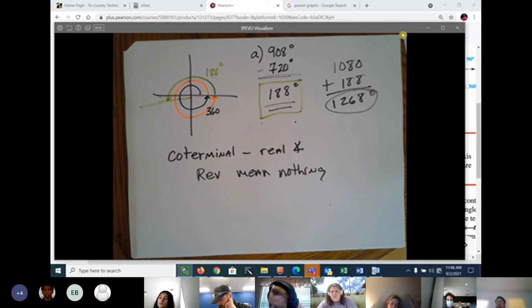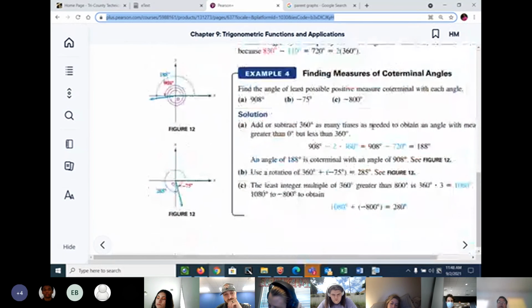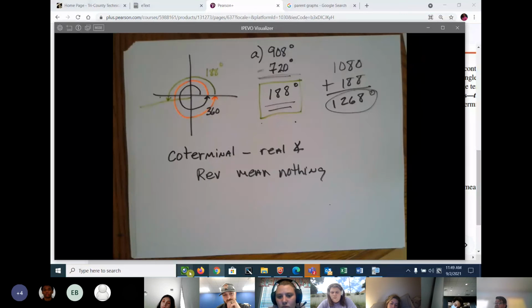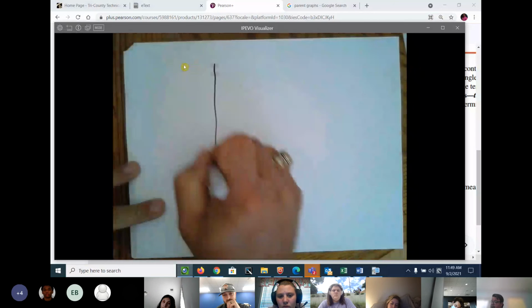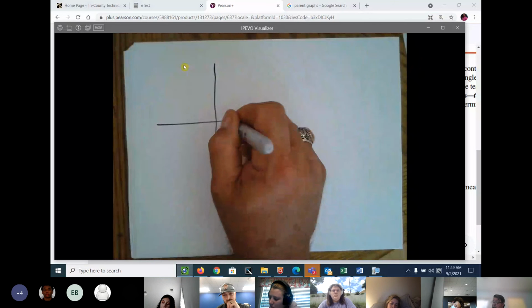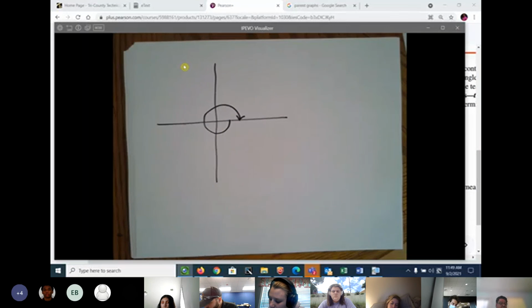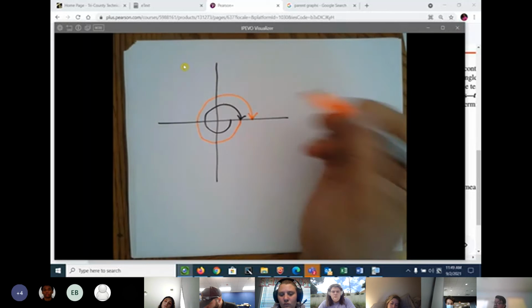So if I gave you, what's the other one they gave us? Okay, negative 800. When you see a negative angle, that means you're going in the other direction. So negative 360, negative 720.